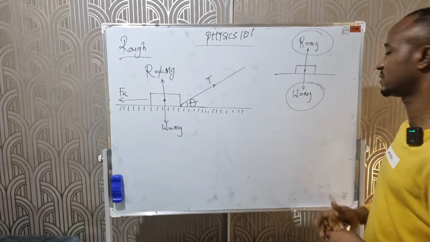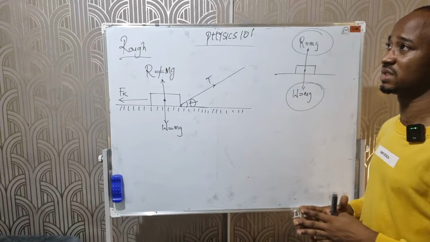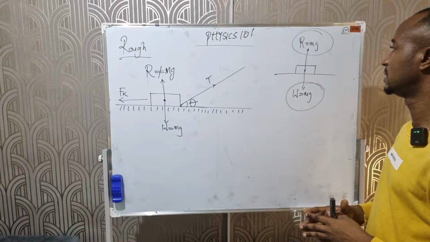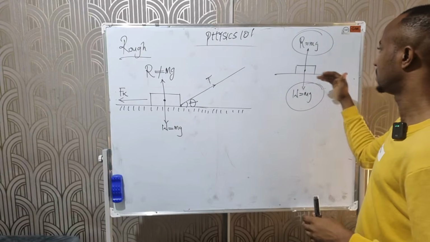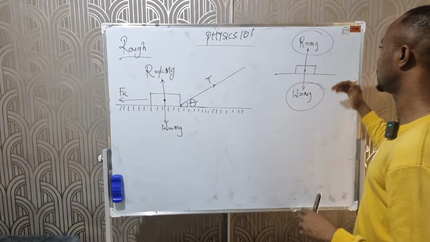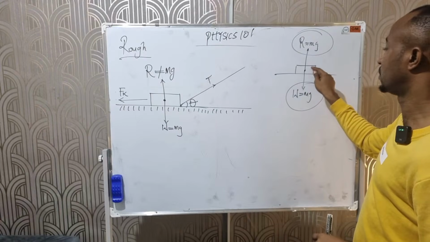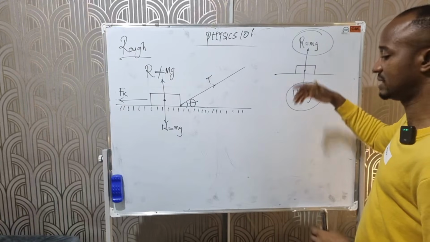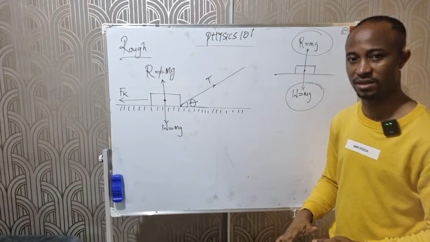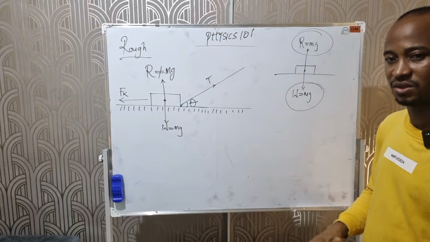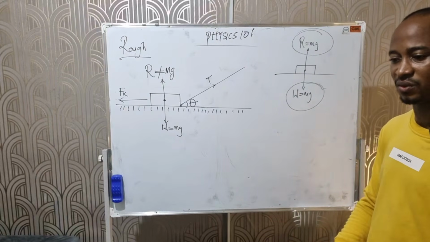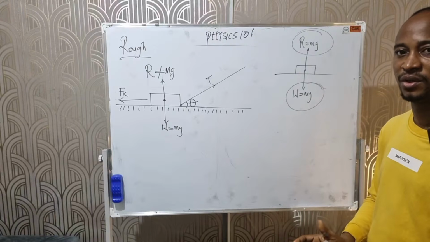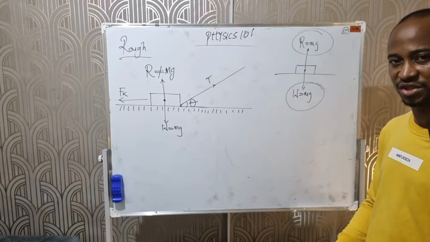What is normal reaction? Normal reaction is simply the force the surface is exerting on the body. The body is exerting a force on the surface, like when you sit on a chair.